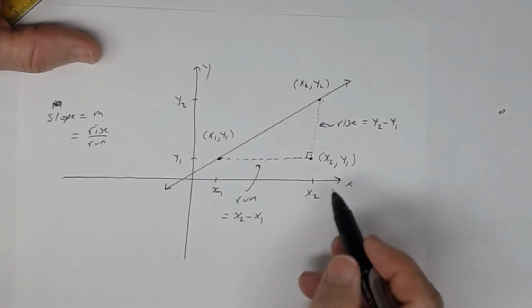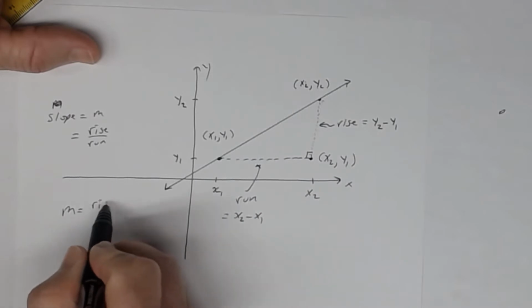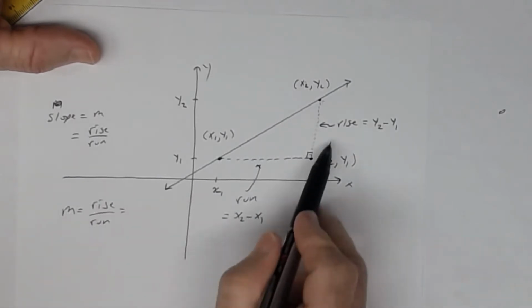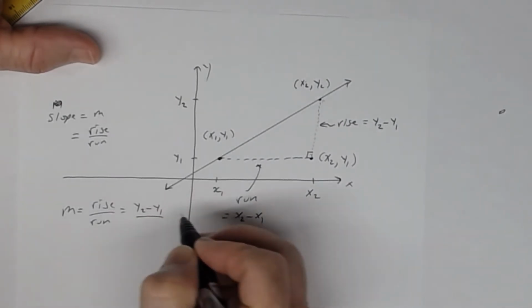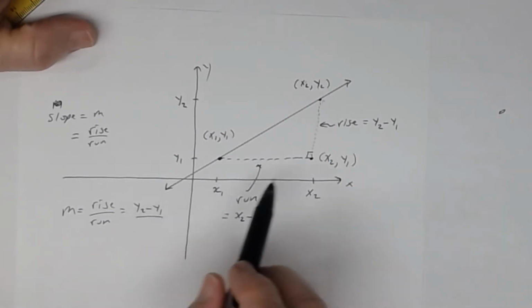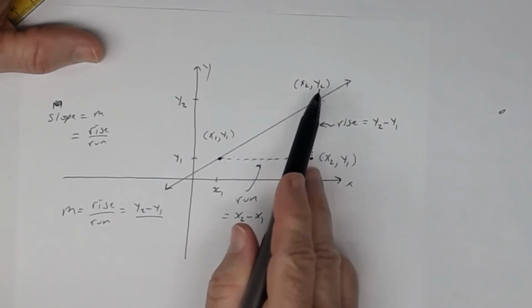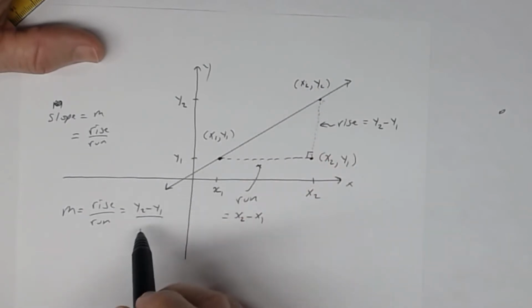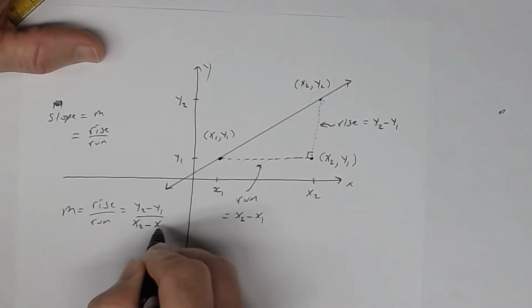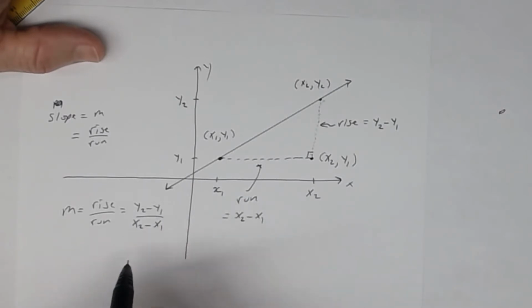And so when I rewrite this, the slope, which we said is rise over run, will be y2 minus y1, divided by, and now this is important, since I put y sub 2 first, I must put x2 first in the denominator. So you must say x sub 2 minus x sub 1. Okay? If this says y2, then the first term here better be x2. And so that's your slope.